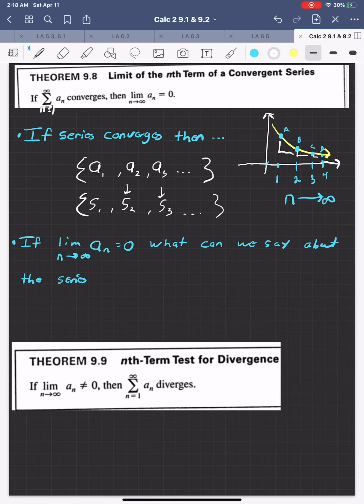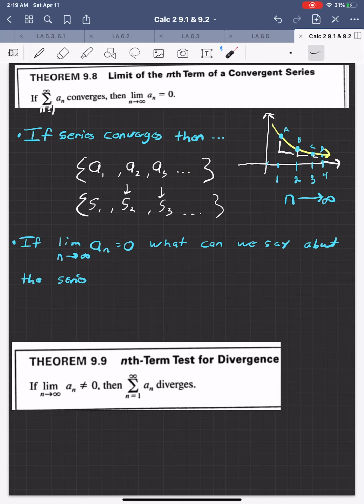The sum would be going to infinity as well. But if the amount that I give you every day is itself decreasing, I give you 50 cents, then tomorrow I give you a quarter, and the next day less, and so forth, then that's what they mean by the limit of a sub n approaching 0.